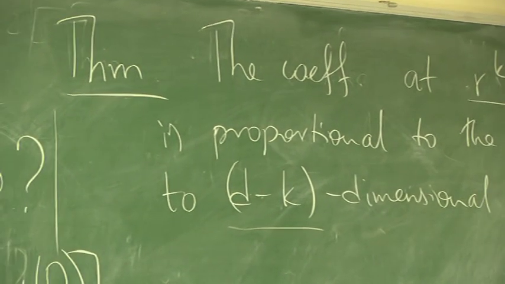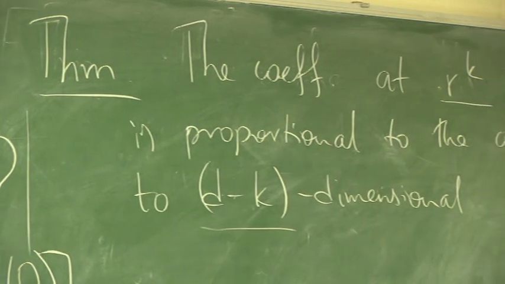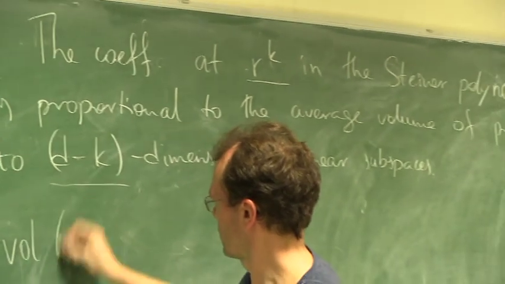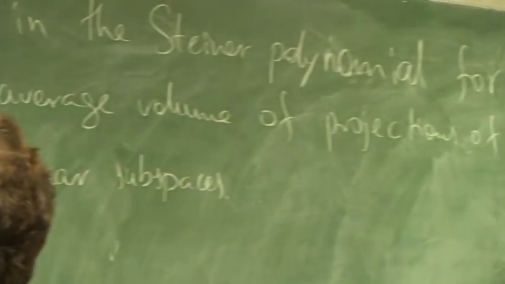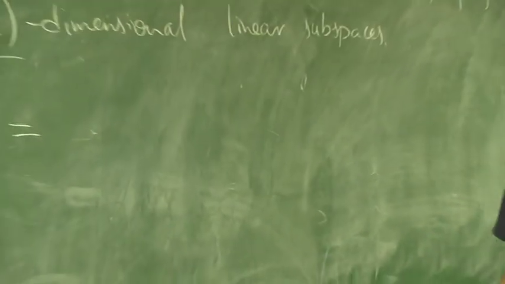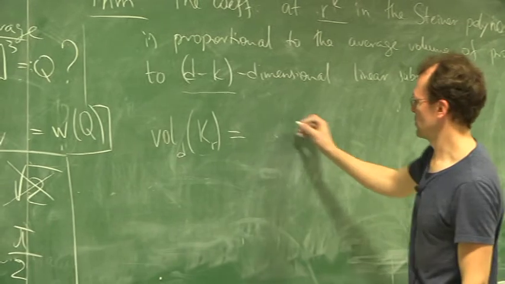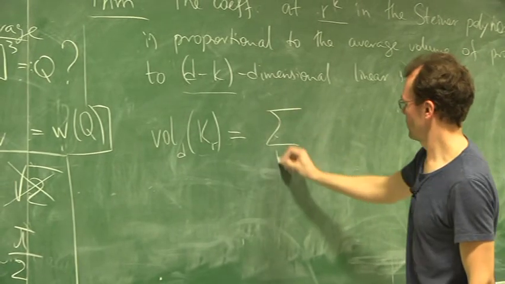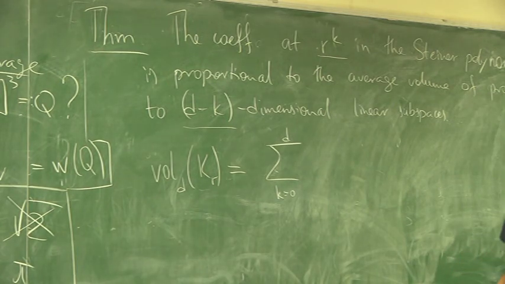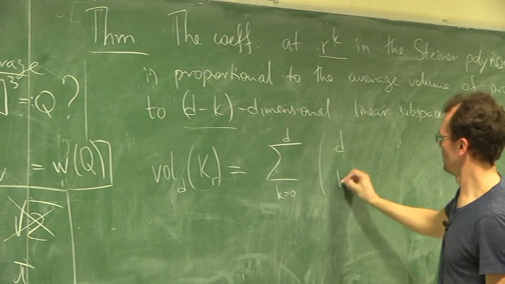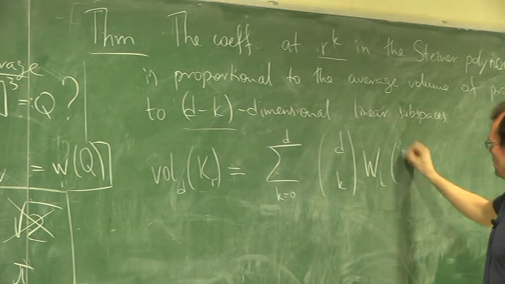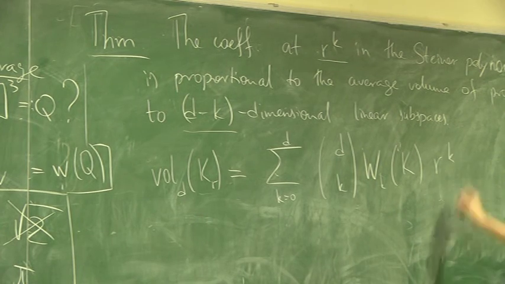The exact proportionality coefficient: one often writes the volume of our neighborhood as the sum for k from 0 to d of d choose k, W_k of K, times r to the power k.